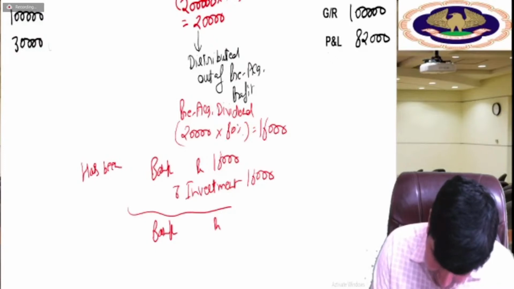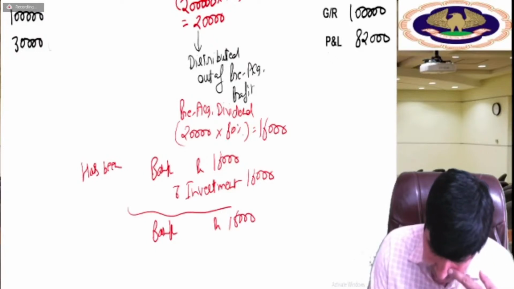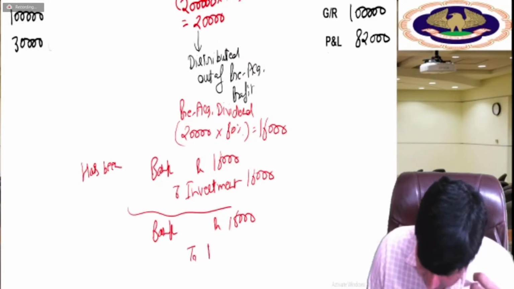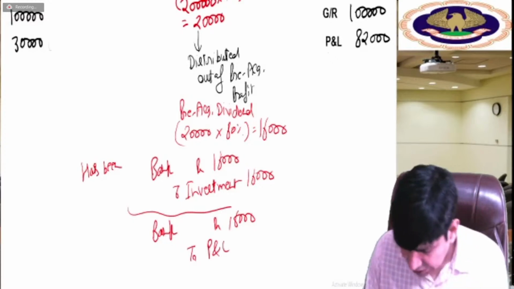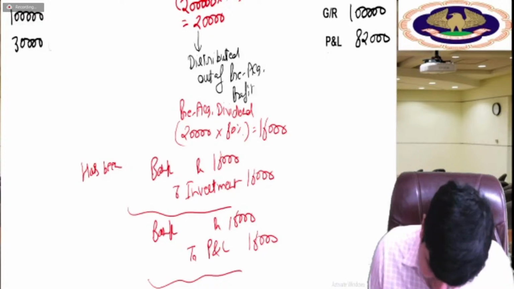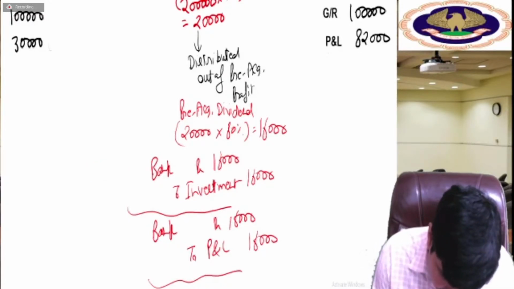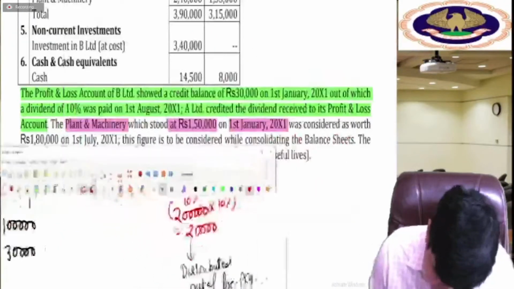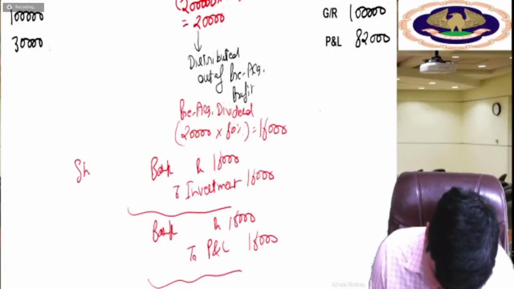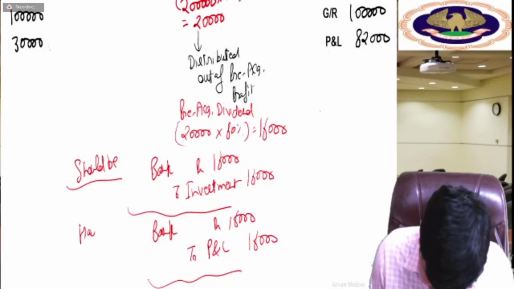Bank account debit 16,000 to, can I credit P&L because income has been shifted to P&L? Yes. This is what should be, and this is what has been.